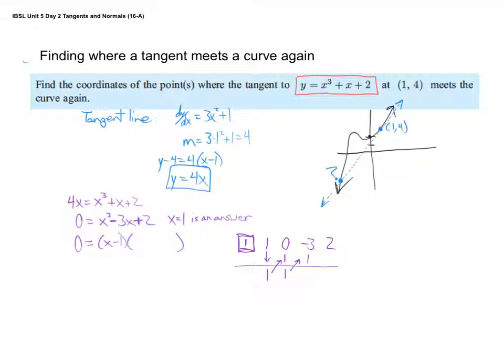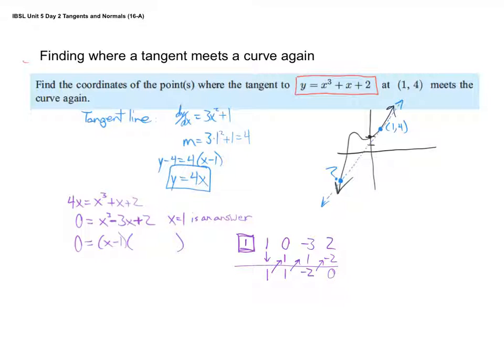Then you add down, multiply over. We add down again. We multiply that by a 1 and get negative 2. And we add down again, and it's a good thing we got 0, because that tells us that we do actually have an answer. That was the remainder, and the remainder should be 0 in this case.